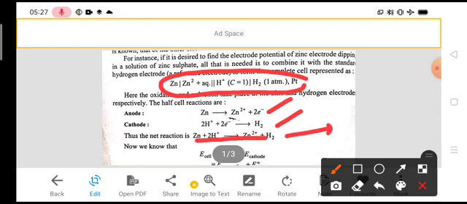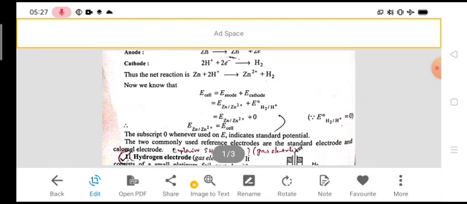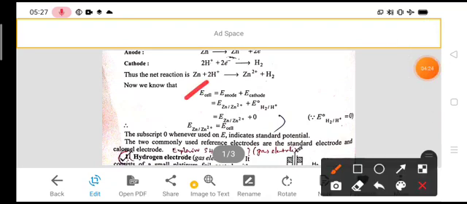Already we know that the cell potential E cell is equal to E anode plus E cathode, where E anode is the oxidation potential of the anode, and E cathode is the reduction potential of the cathode.